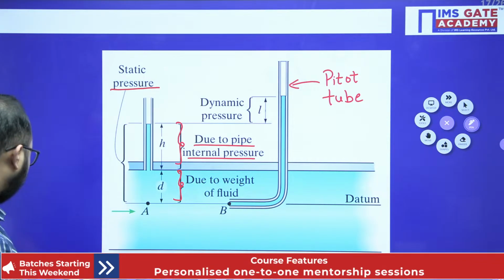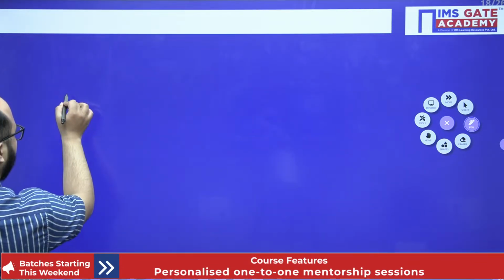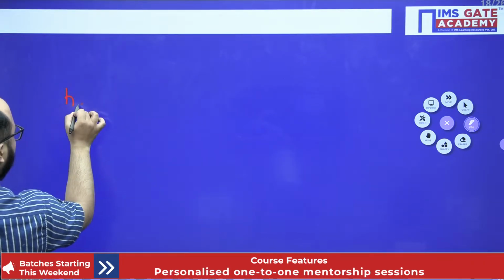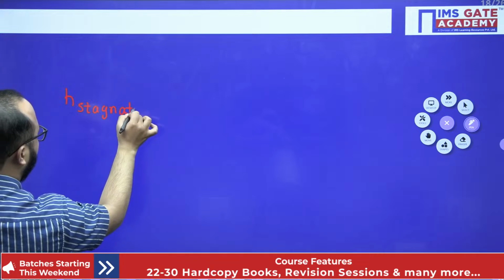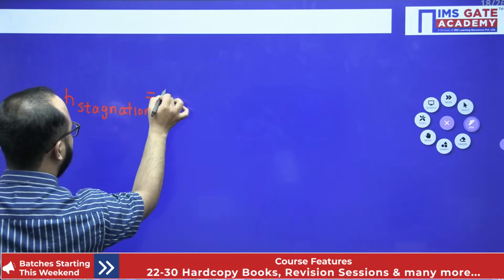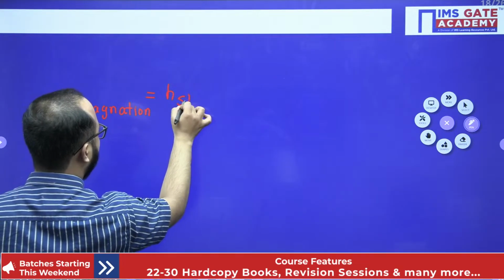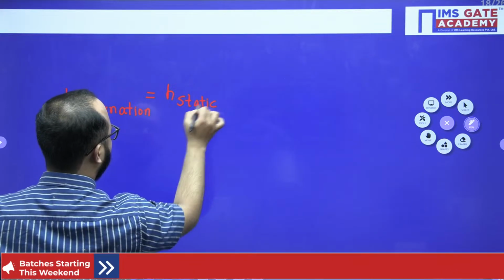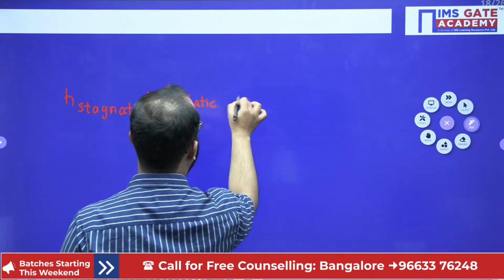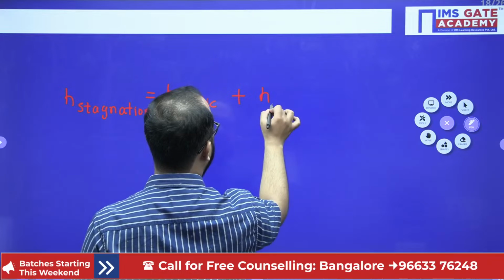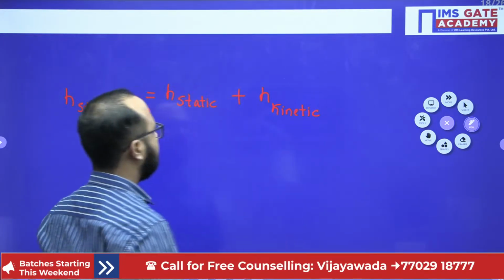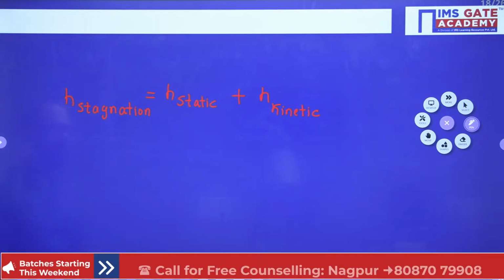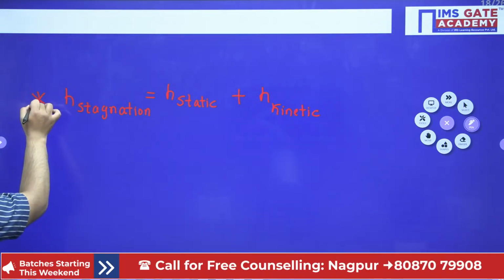Next thing. But always you should remember the point. Stagnation head is the summation of static pressure head plus the kinetic head. Static plus kinetic. Correct? So this point you should always remember.